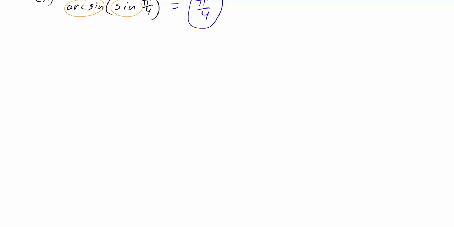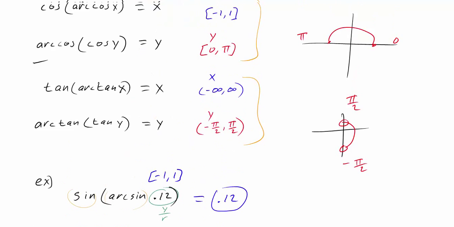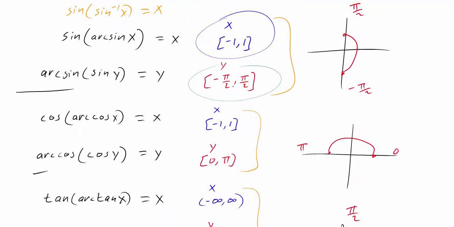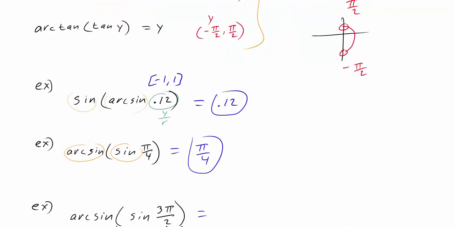All right, let's try another example. And this one you're going to have to be careful with. So if we have the arc sine of the sine of 3 pi over 2, what does this equal? Well, here we have this 3 pi over 2. If we go to the sine function, is 3 pi over 2 within this negative pi over 2 to positive pi over 2?